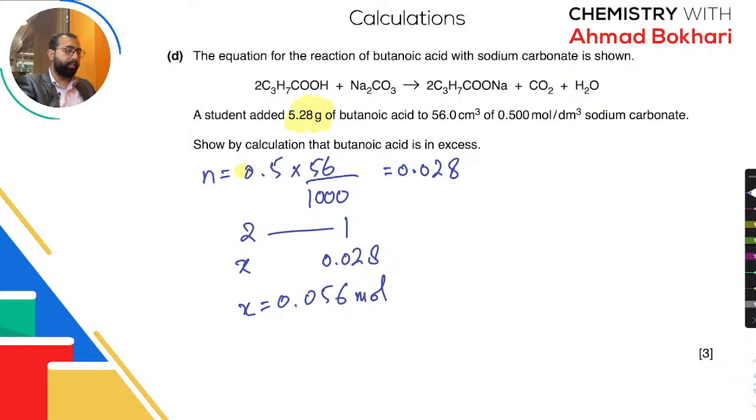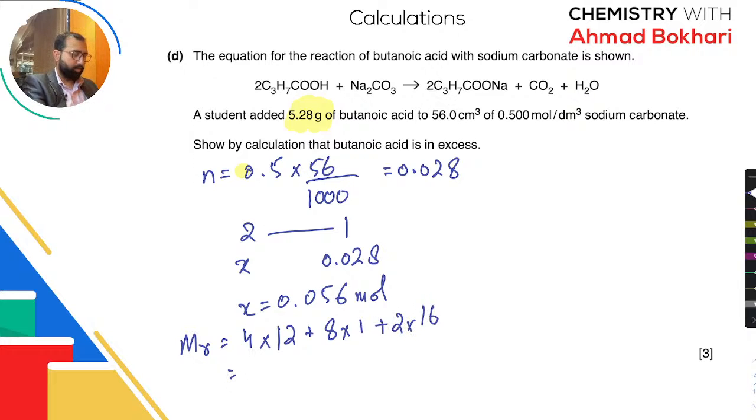And then what is the MR of this thing? I'll have to calculate the MR to figure out the mass. So it's going to be 4 times 12, there are 4 carbons in butanoic, and then 8 times hydrogen, which is 1, plus 2 times 16.